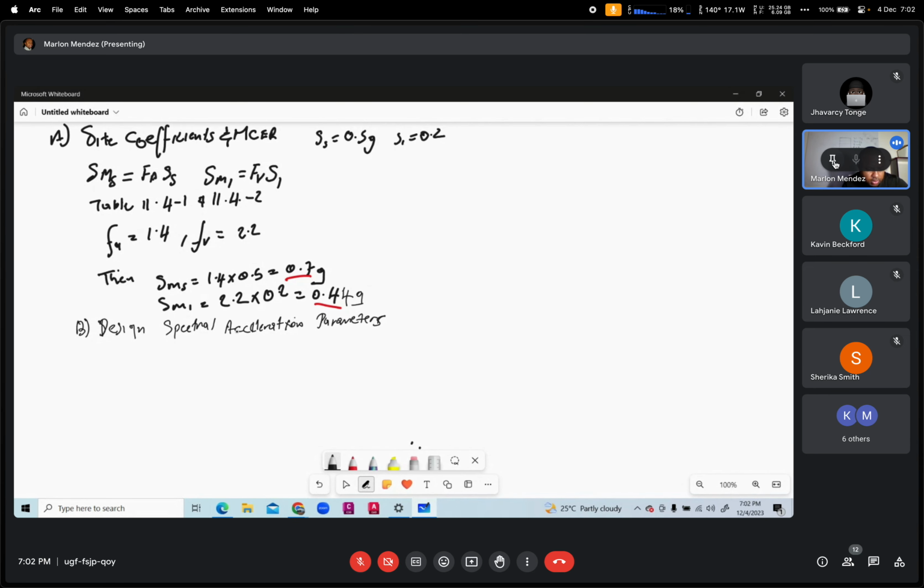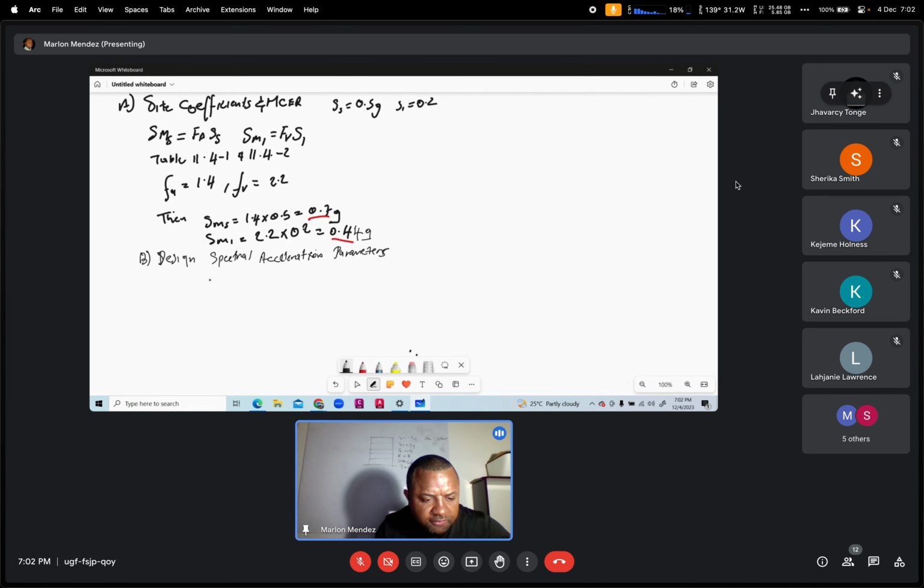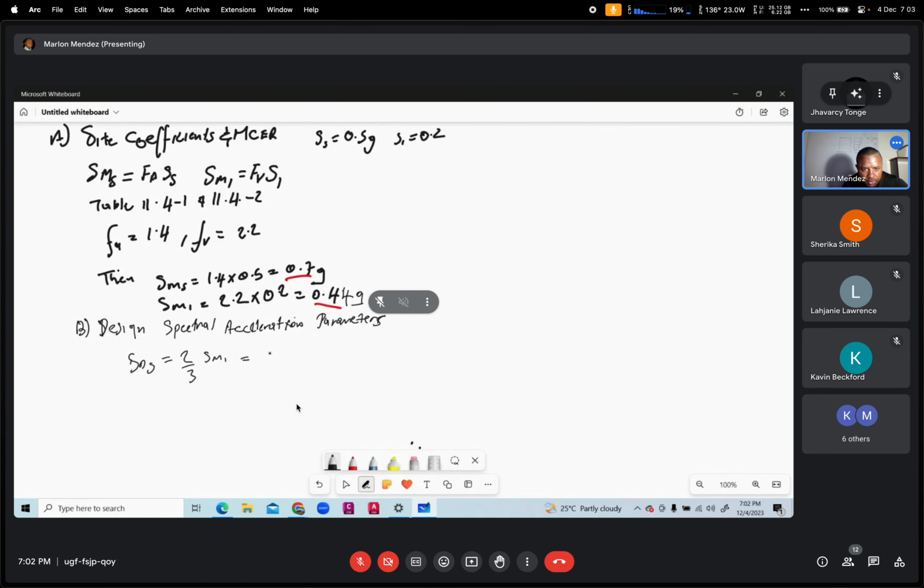In finding that, the formula for that is that SDS is equal to 2/3 of SMS, not SM1, sorry. Yes, this is SMS, multiplied by which is this.